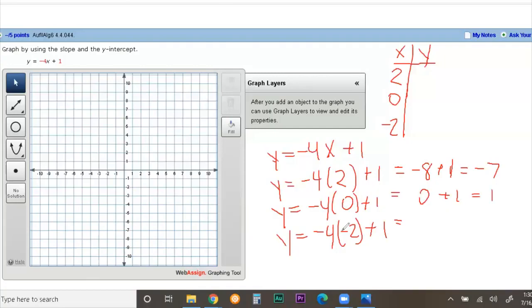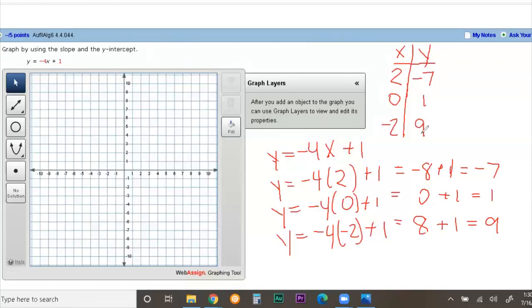And -4 times -2 is +8 plus 1, and that will be 9. So our answers are -7, 1, and 9.